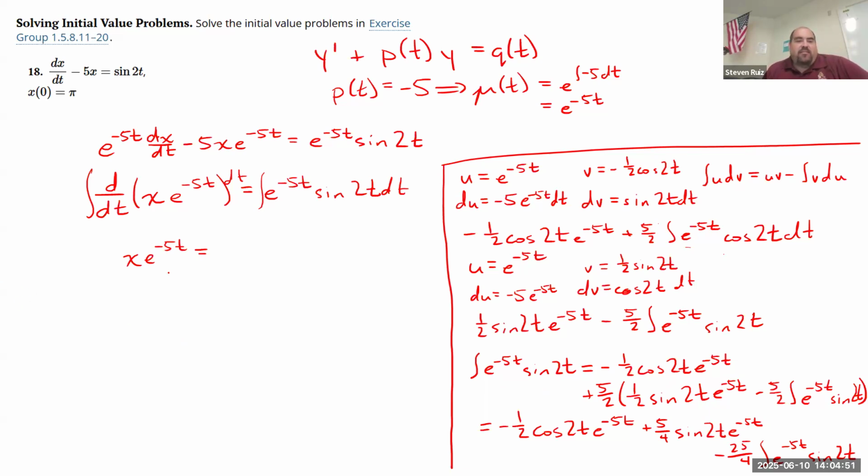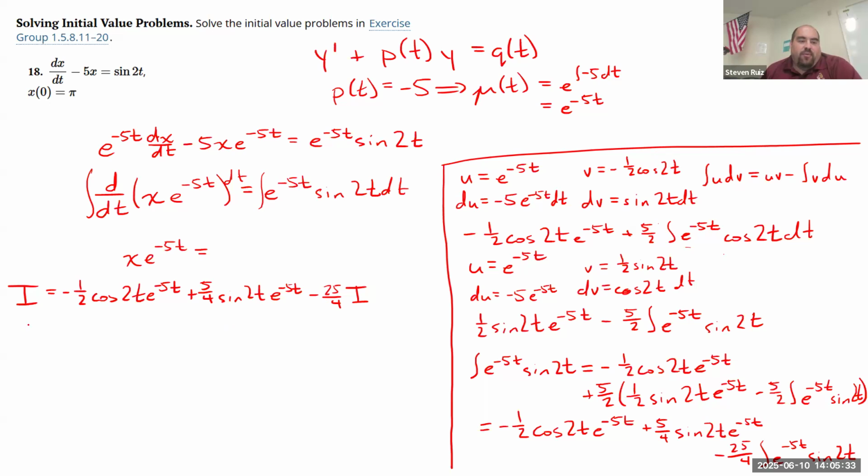So basically what I have is this: I equals negative 1/2 cosine 2t e to the negative 5t plus 5/4 sine 2t e to the negative 5t minus 25/4 I. I'm going to go ahead and bring that 25/4 I to the other side.